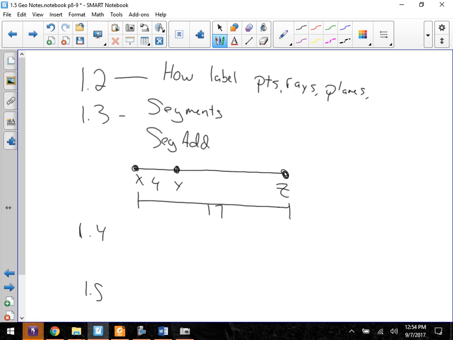Segment addition tells you that you get 2 segments that are collinear, 3 or more points that are collinear. I know I forget what the words are sometimes. As long as they are in the same line segment, we can add them together to make up a larger one. So real fast example, if X, Y, and Z are collinear on the same line, and you know that the first part is 4, the whole segment 17, what's left over?